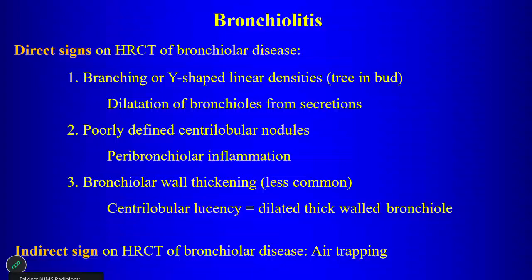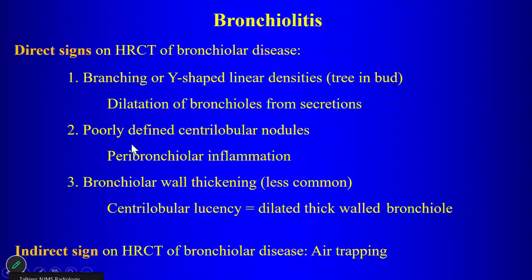Bronchiolitis, when we're talking about the CT appearance of these diseases, there are direct signs on high-resolution CT of bronchiolar disease, and then there are indirect signs. The only indirect sign is really air trapping. But these direct signs: branching or Y-shaped linear density, so we're familiar with that as tree and bud, and that occurs because the bronchiole is filled with infected secretions, and it dilates, but the secretions themselves add to the density of the bronchiole, so that's why we see the tree and bud.